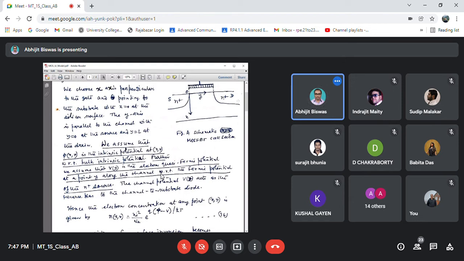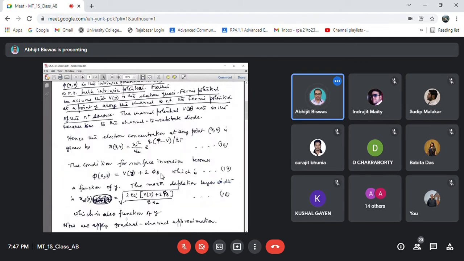And Vy is applied at the interface. Vy is positive. So positive voltage is applied to the N diode, means this channel to substrate diode. Therefore, it is reverse biased. So Vy actually acts as the reverse bias to the channel to substrate diode.